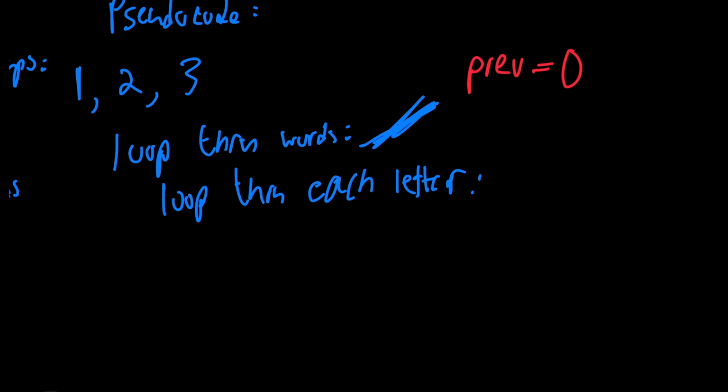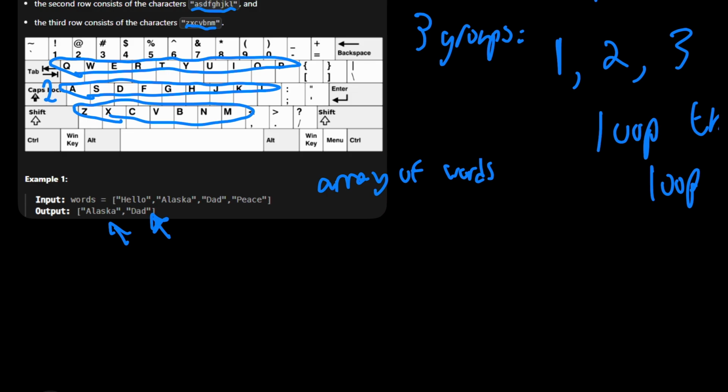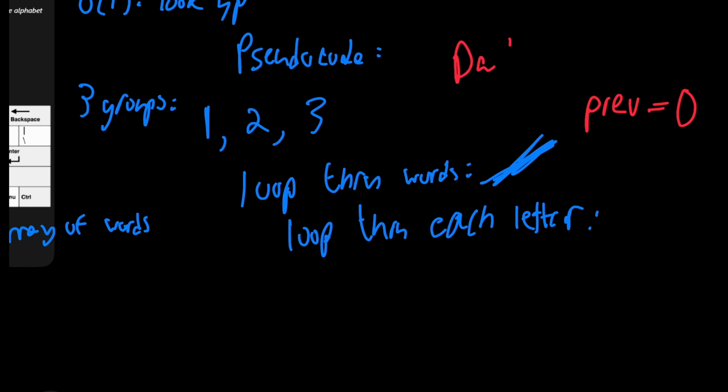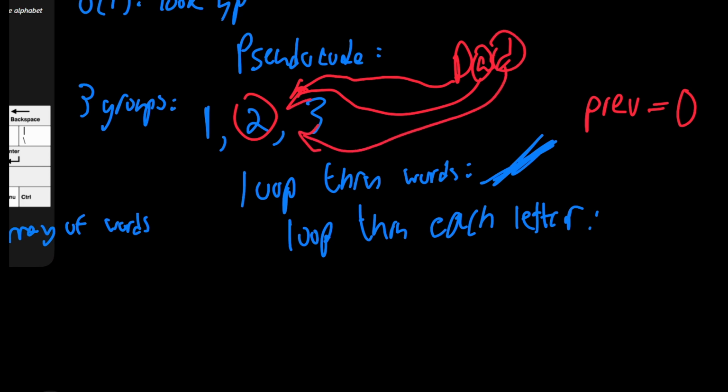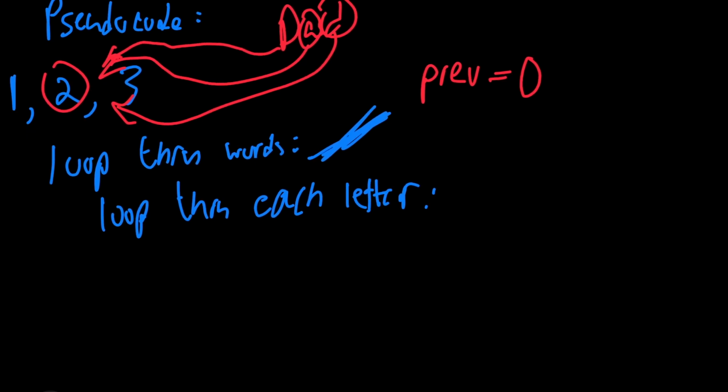If we have a word that can be typed using only one row, like dad here, then all of the letters in dad, D-A-D, will map to the same group, which is group 2. The letter D will map to 2, the letter A will map to 2, and the letter D will also map to 2. So basically what this previous variable is doing is making sure that all the characters map to the same group. We also keep track of a Boolean value, which says: is this a valid word? Should we output it to the return value?